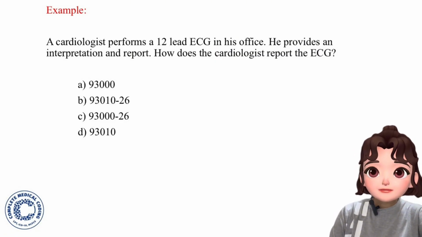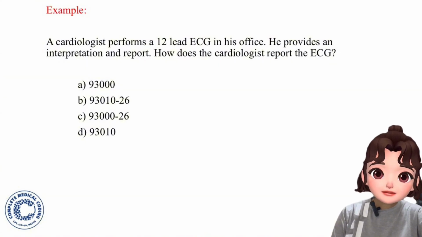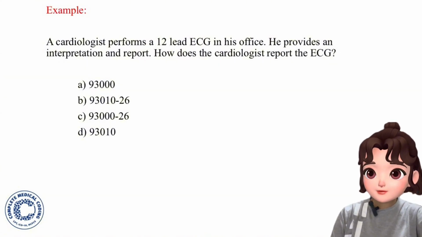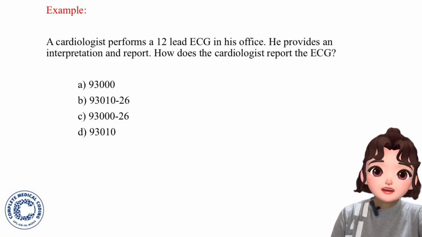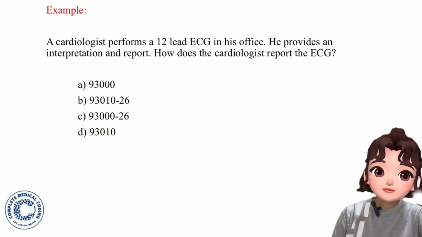So what is the CPT code 93000? 93000 is electrocardiogram, routine ECG with at least 12 leads with interpretation and report. Okay, so performing the ECG as well as interpretation and report. That is 93000. And what is 93010? Same, electrocardiogram, routine ECG with at least 12 leads, interpretation and report only.